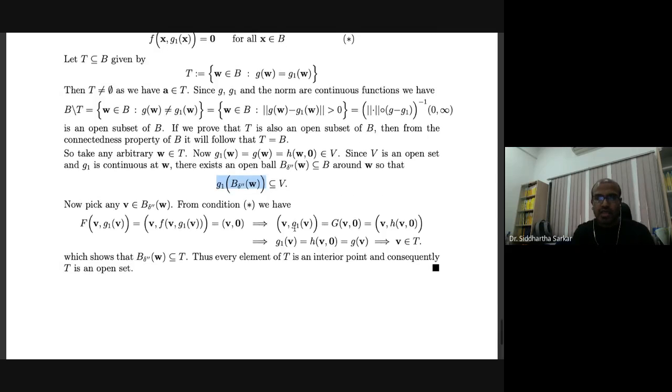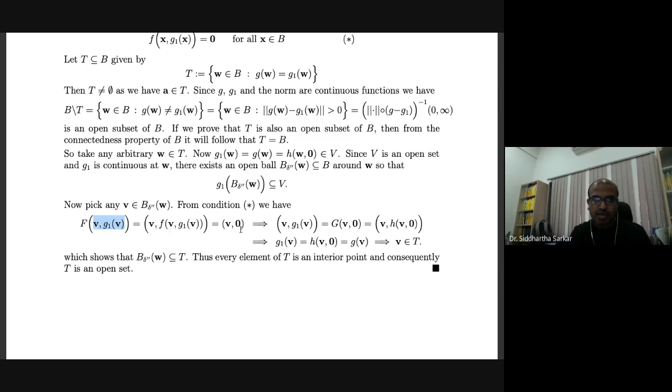Now what does this mean? If I pick any v from this open ball, I apply my definition of capital F to (v, G1(v)). By definition of F, F(x, y) is (x, little f(x, y)). This is my x, this is my y over here. So F of this is v comma little f applied to this pair of variables.